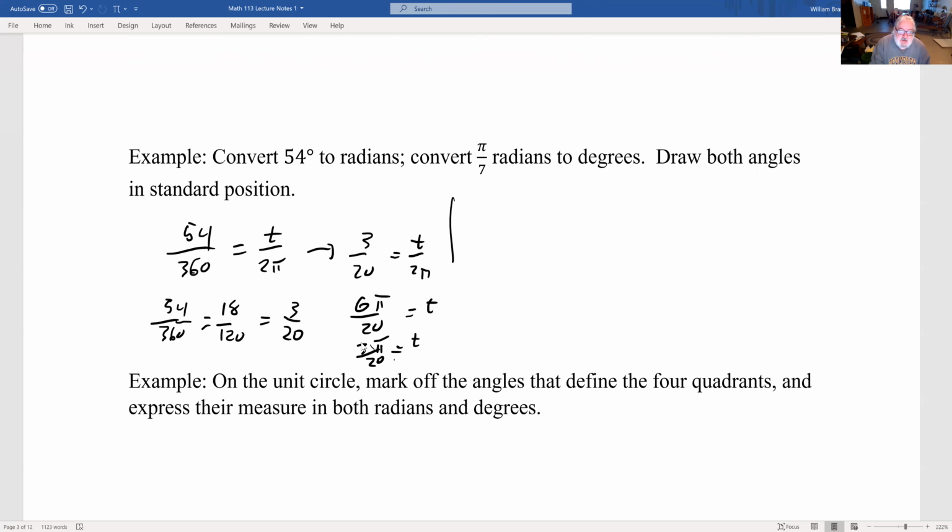Pi over 7 radians to degrees would be pi over 7 is to 2 pi as x is to 360. So I want to simplify this a little bit. I'll multiply both sides by 360 first.